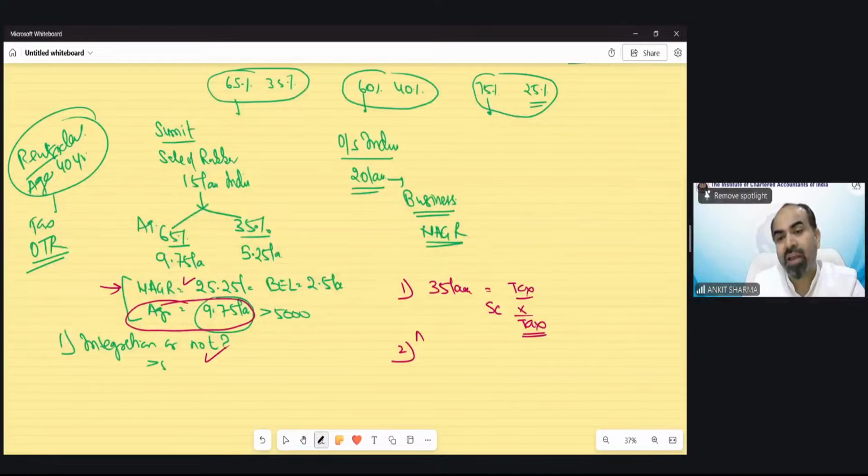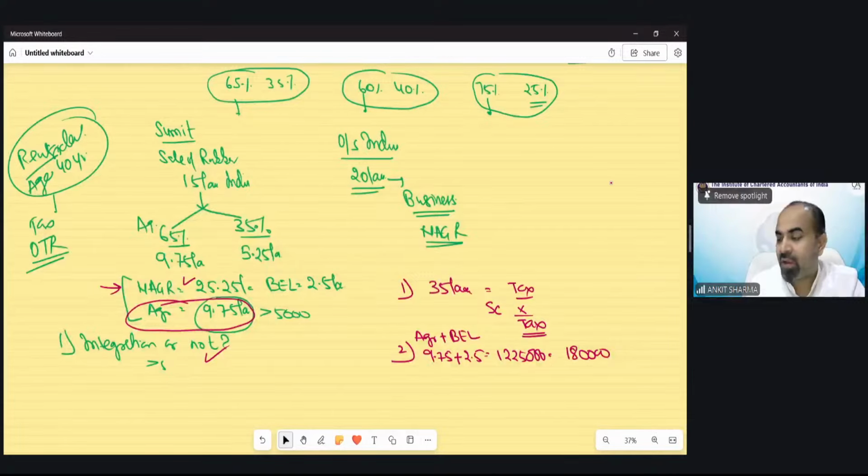Step number 2 says agricultural income plus basic exemption limit. So agricultural income in this question is 9.75 lakh and basic exemption limit is 2.5 lakh. So now I have to calculate tax on 12,25,000. If you calculate tax on 12,25,000, that would come to ₹1,80,000.